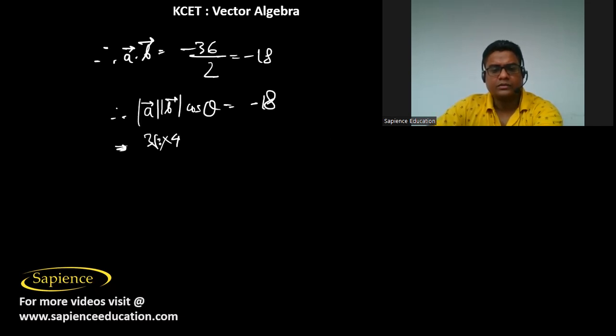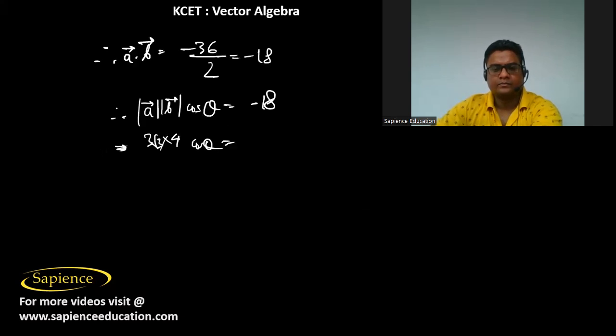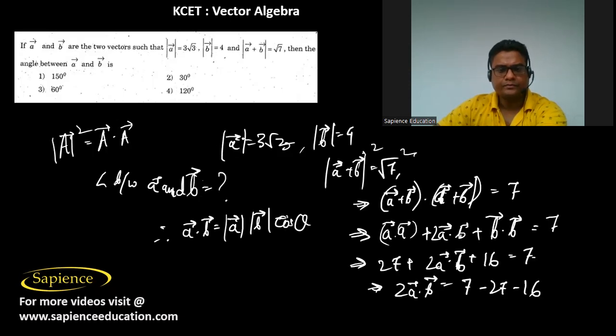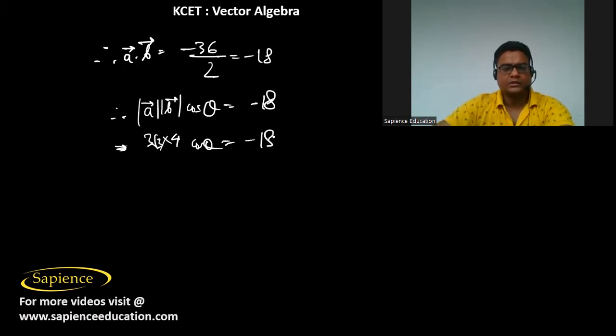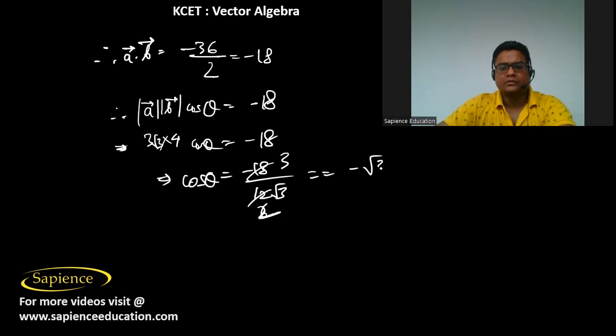So 3 root 3 into 4 into cos theta is equal to minus 18. Therefore cos theta will be equal to minus 18 by 12 root 3. 6 twos are 12, 6 threes are 18. So this is minus root 3 by 2. So cos theta is minus root 3 by 2.